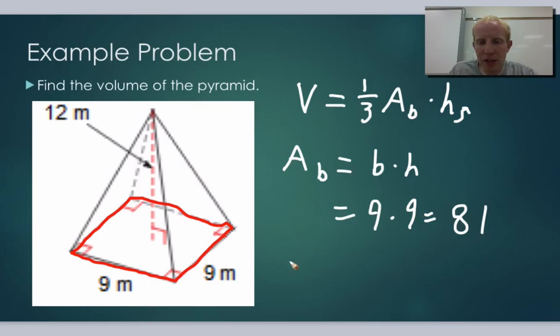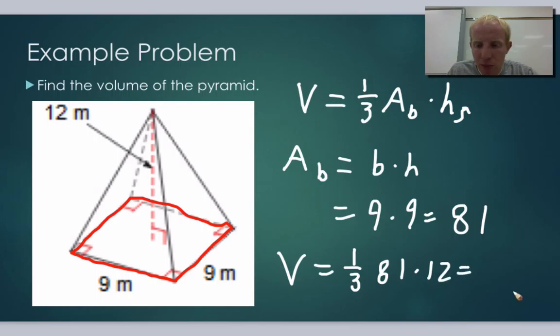Now we plug that back into the formula. So the volume equals 1/3 the area of the base times the height of the solid. In this case, 1/3 times the area of the base is 81, and the height of the solid is 12. You put that all through your calculator: 81 times 1/3 times 12, and that will give you that the volume of this pyramid is 324.